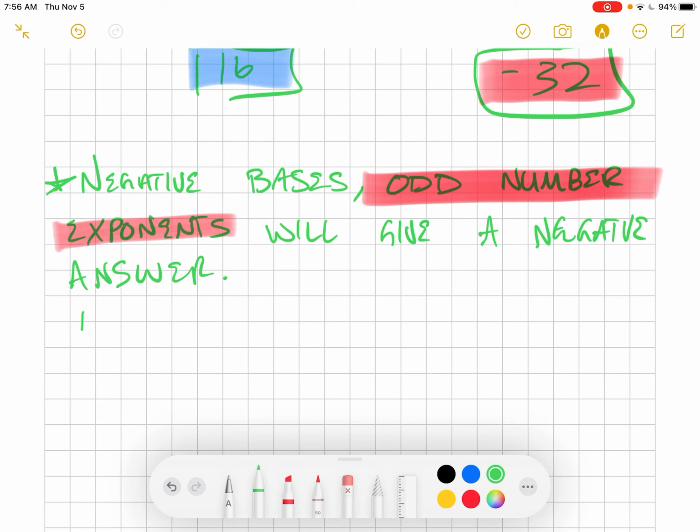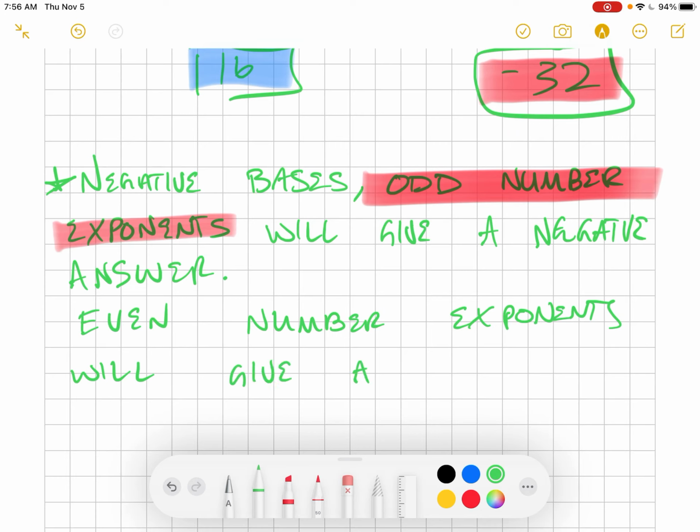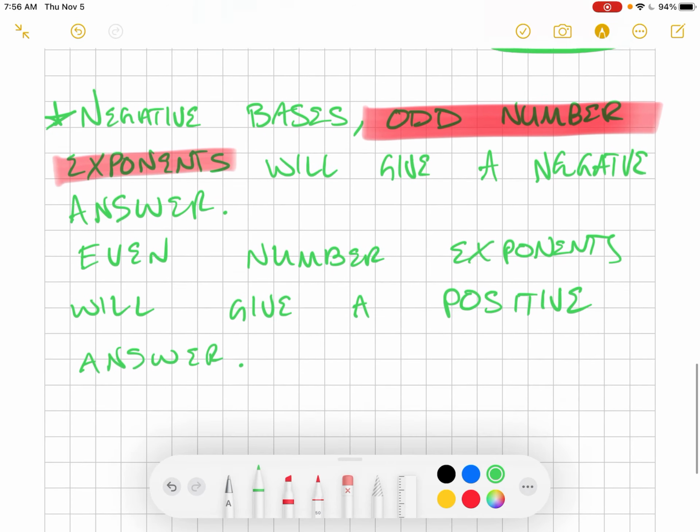And then even number exponents will give a positive answer. Okay?